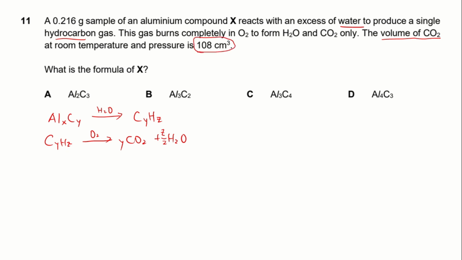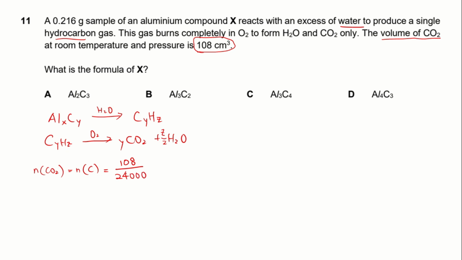By using this information, we'll be able to find the number of mole of CO2. Now, finding the number of mole of CO2 will give us the number of mole of carbon, because all carbon in the hydrocarbon will turn into CO2, and in every molecule of CO2, there's only one carbon. So the number of mole of CO2 is the number of mole of carbon.